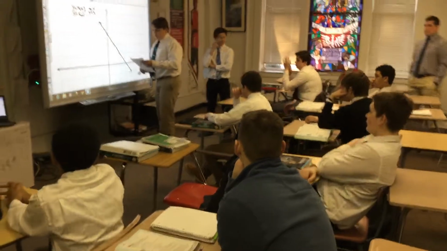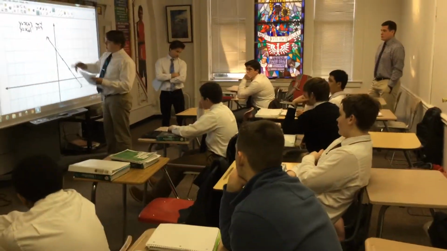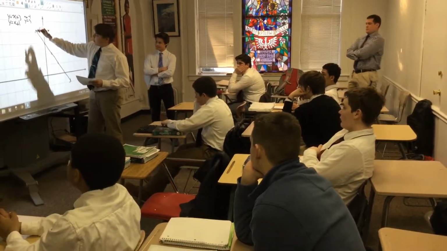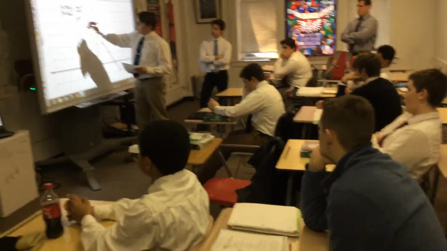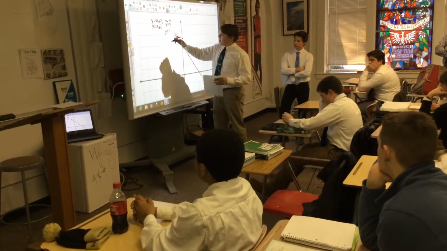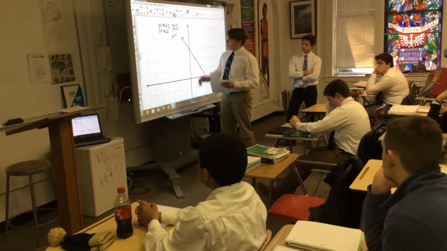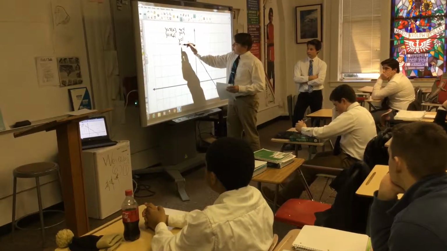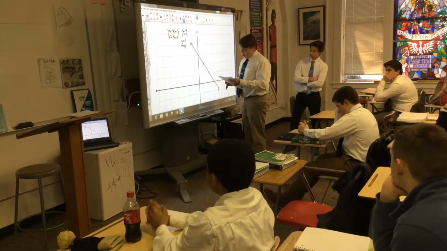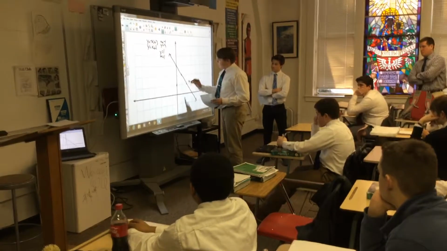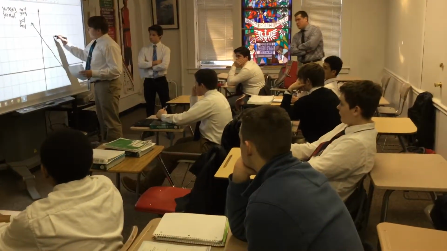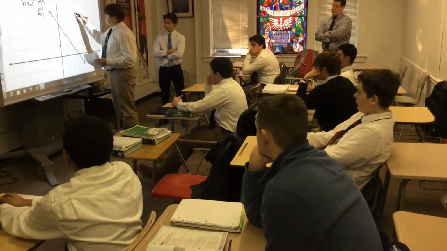Your next line would be starting at 1, so y-intercept equals 1, and I'm sorry, your slope would be 1 as well. So m equals 1. So you would start at 1, and you would go up 1 over 1, up 1 over 1, and just one more.